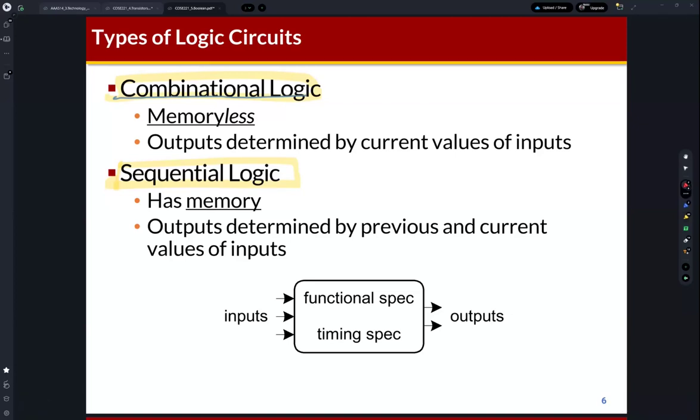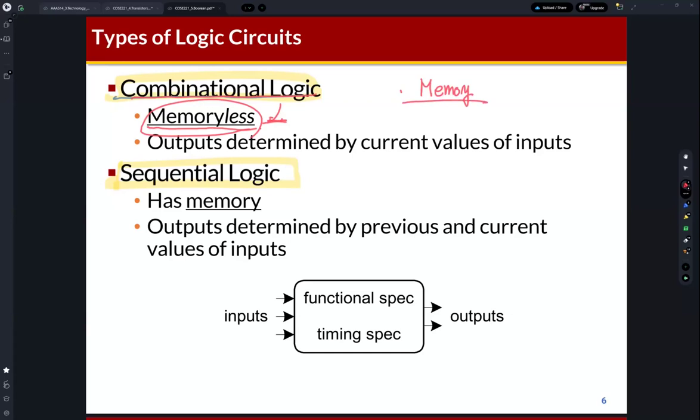As you can see, combinational logic is memoryless. So what does that mean? What is memory? What is the definition of memory in the real world?